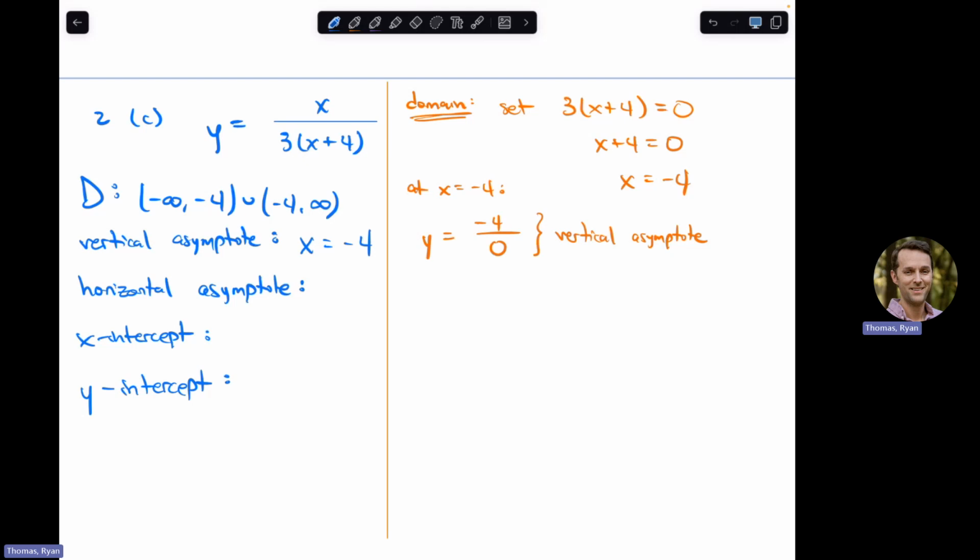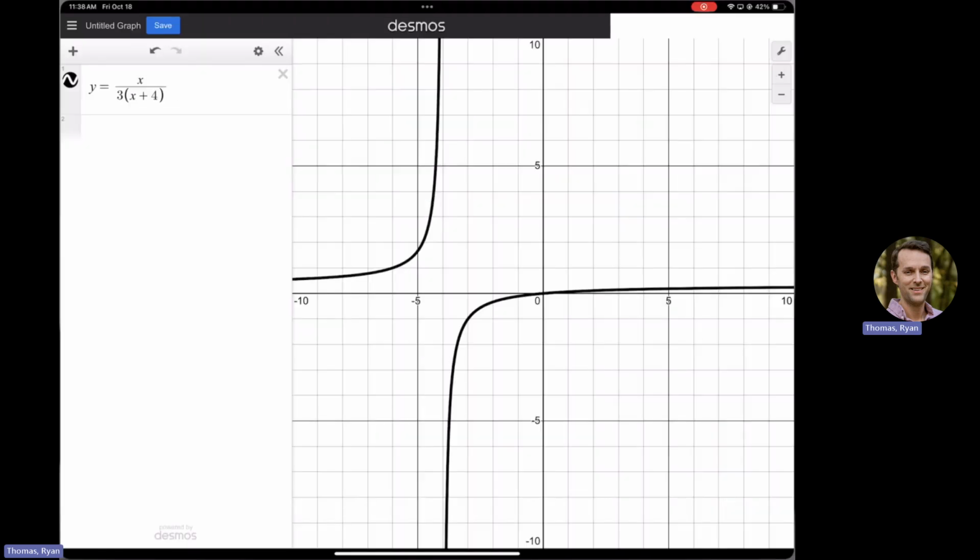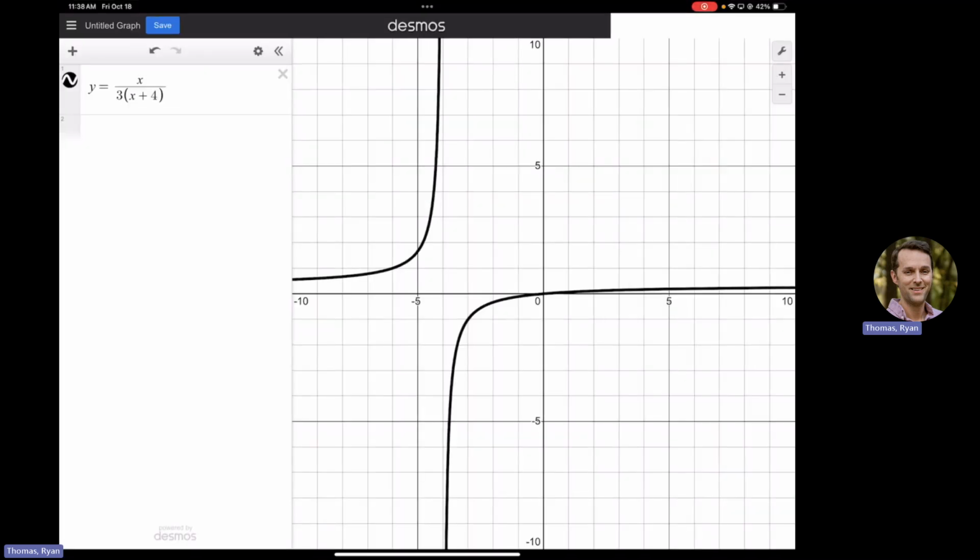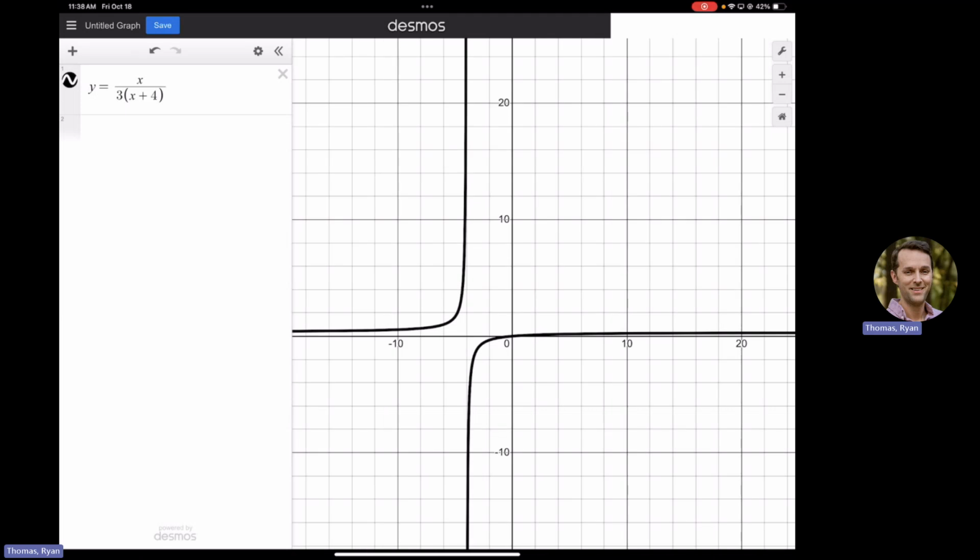Well, the next thing I wrote is horizontal asymptote, so let's do that. What do we look for? How do we figure out where a horizontal asymptote happens? We can look at the graph and say, yes, there is one.